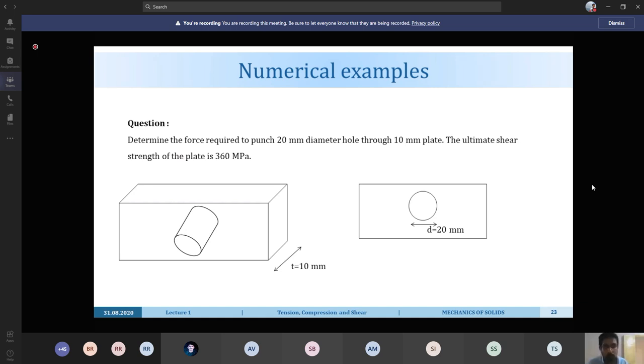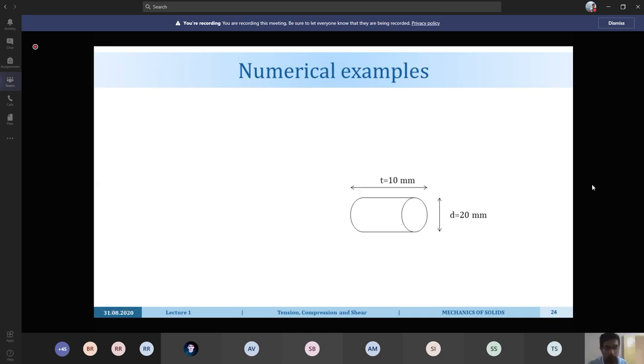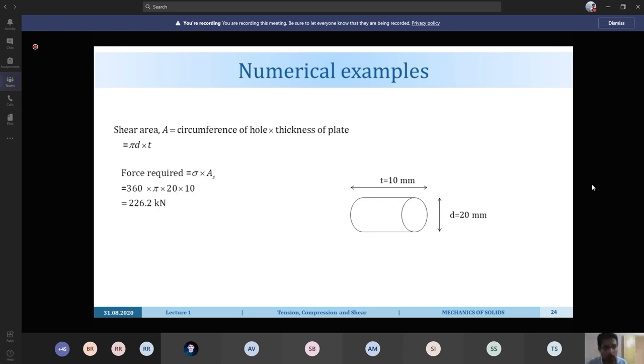We are going to punch this plate and a hole is developed here, so we need to measure the area of the hole. For that, we take the circumference, pi into d, and the thickness of the hole, which gives the total shear area. The force required will be sigma into the shear area, which is nothing but 226.2 kilonewton.